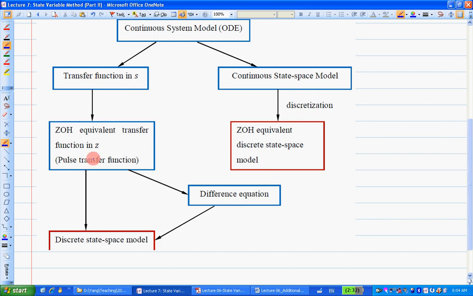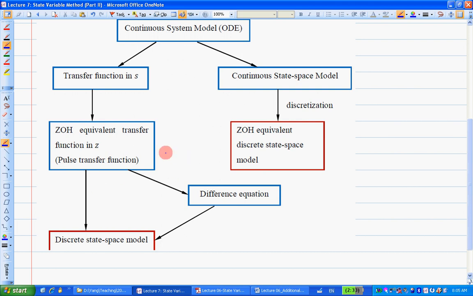There are different ways of discretizing, but for a plant, most probably we discretize considering there is a zero-order hold in front of the plant. Then you get a z transfer function, which is what we call the pulse transfer function. From the pulse transfer function, you can either directly get a discrete state model, or transform it into a difference equation and then into a discrete model. Either way is good.